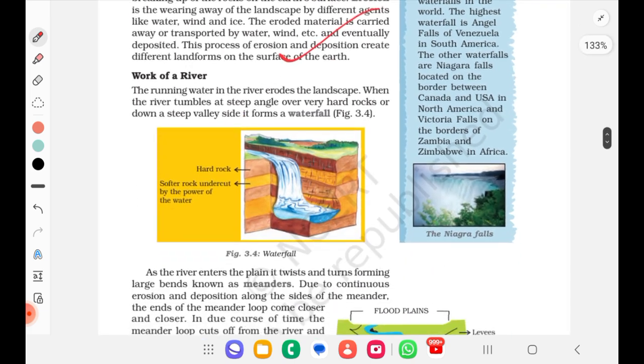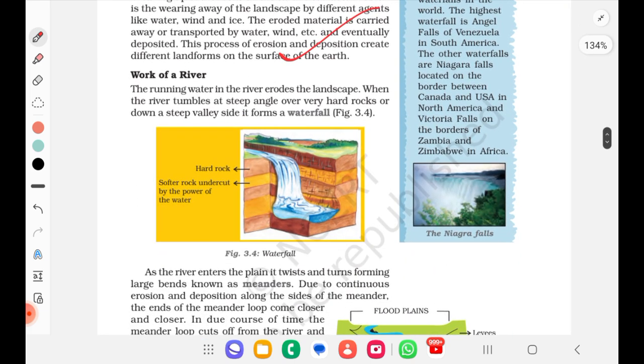Next, work of rivers. The running water in the river erodes the landscape. So what are such agents? One is rivers. What they are saying is the running water in the river erodes the landscape. When the river tumbles at a very steep angle over very hard rock or down a steep valley side, it forms a waterfall.